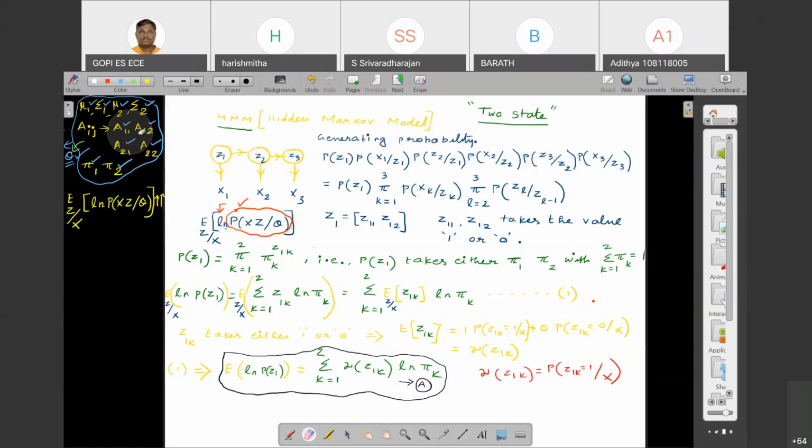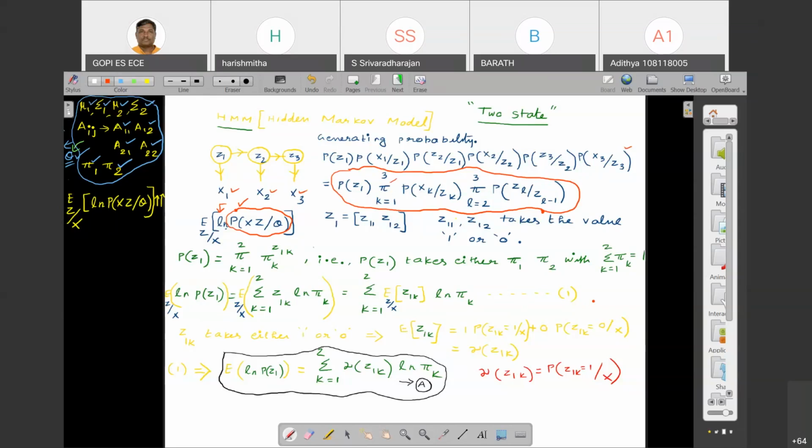Fine. Now to do that, we have to look at this generating probability expression, which we have written a little earlier in expanded version. For the three vectors x1, x2, x3, this is the generating probability given in that first row, which can be written in this form.